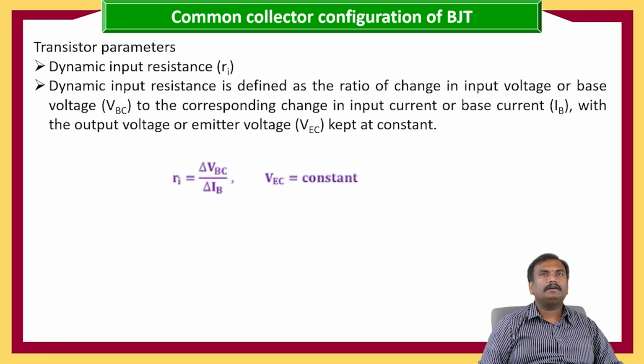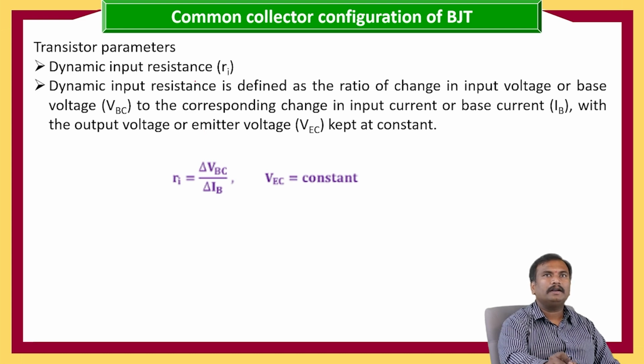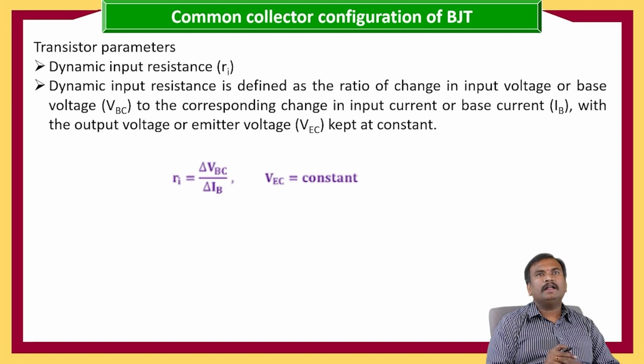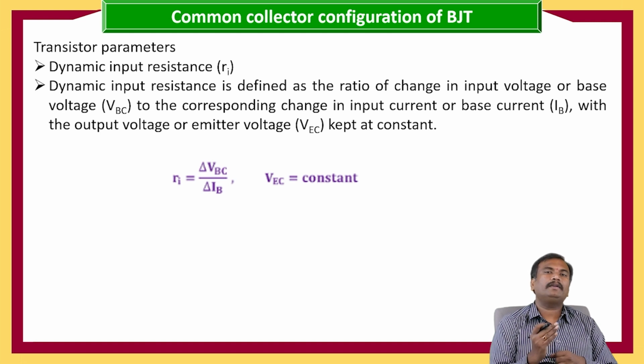Now we'll go with the transistor parameters. The transistor parameters are dynamic input resistance. Input resistance is nothing but, what are the input parameters in common collector? Base to collector voltage versus base current.